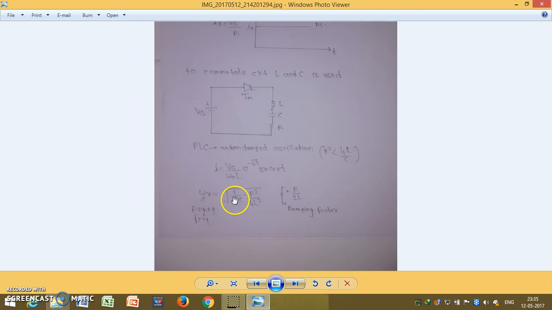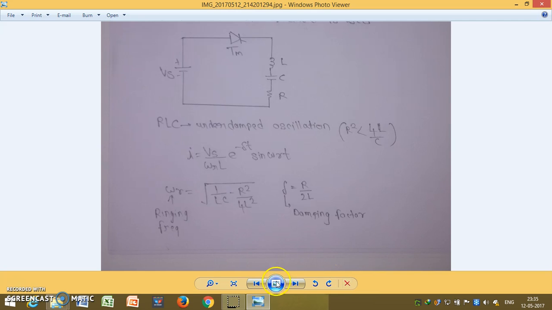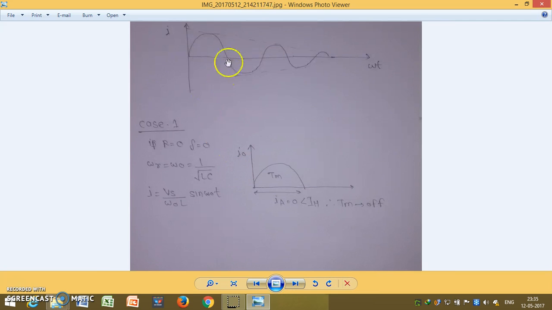Now we know that any constant multiplied by e to the power of minus x decays exponentially. Similarly, in our previous equation, this contains sine omega t, so this current will decay like this only.